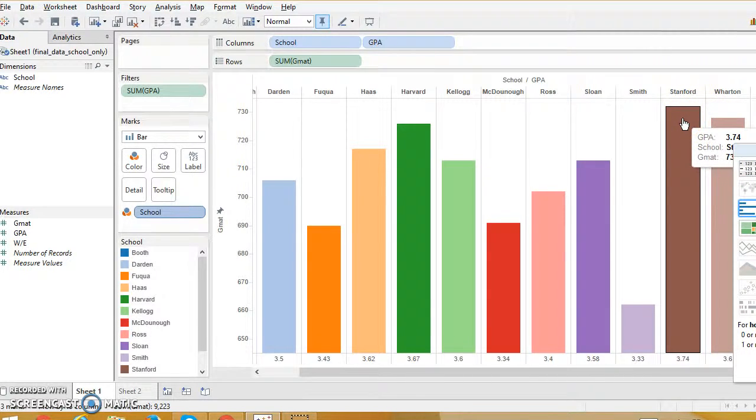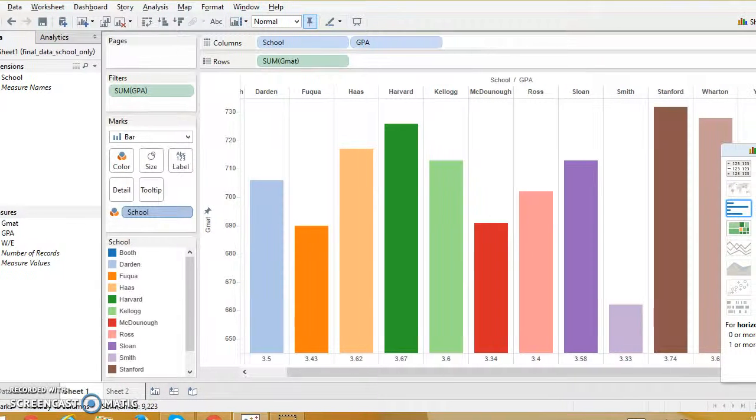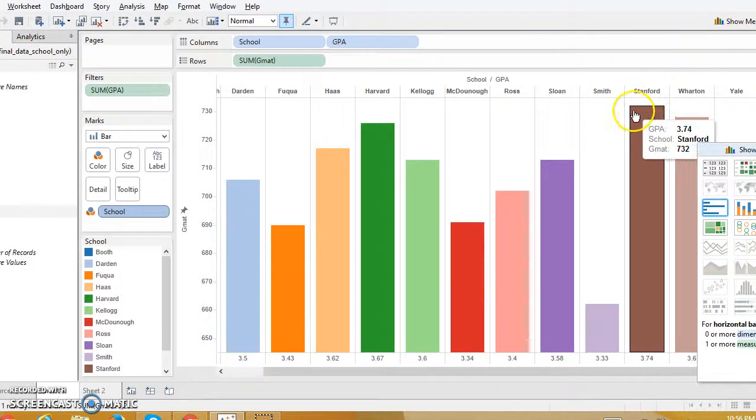Number one, I have Stanford as the highest GMAT school with 732, as well as the highest GPA range of 3.74. So there's a direct correlation, and I can assume that the school with the higher GMAT also has a higher GPA.